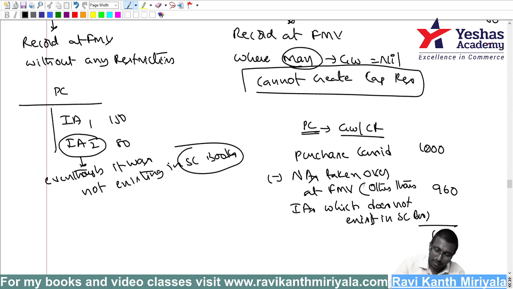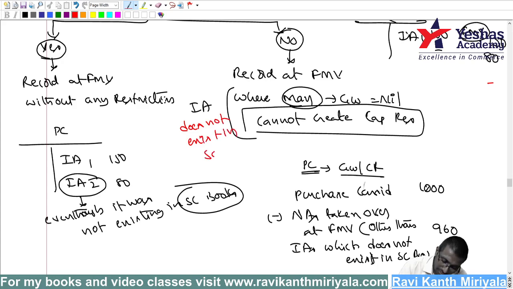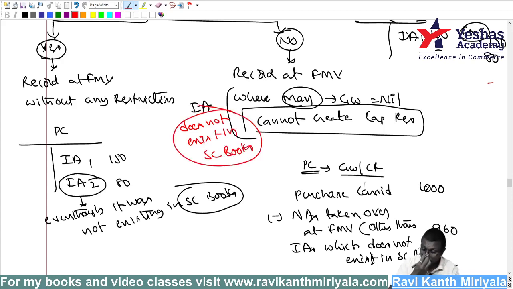Now, one more point I have to tell you here. This is with respect to the intangible asset that does not exist in the selling company books. Try to catch this point. I'll explain once again with the numbers.